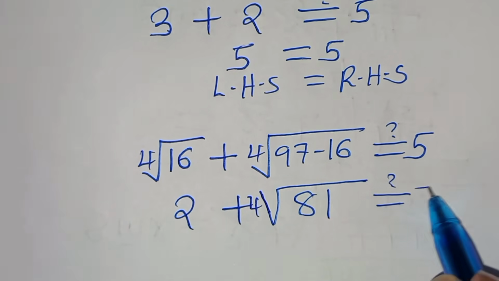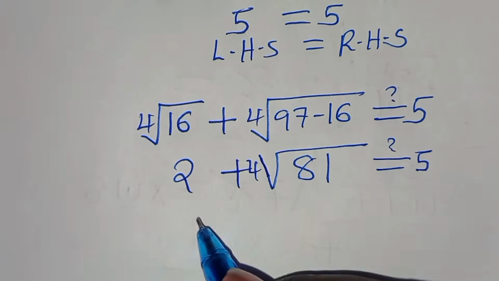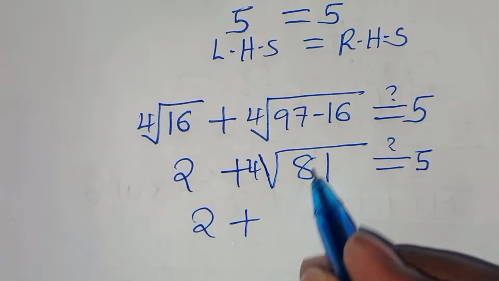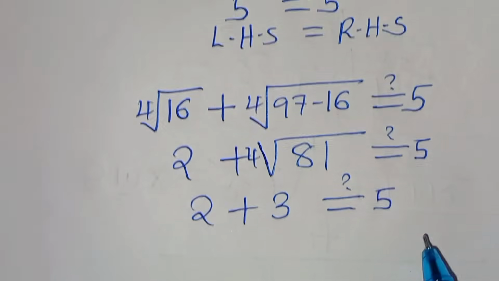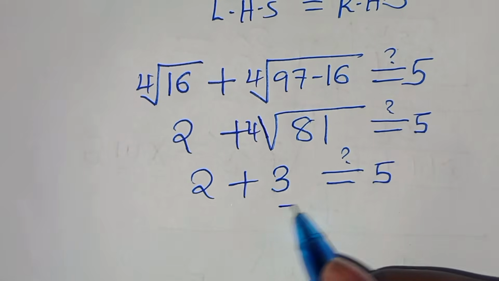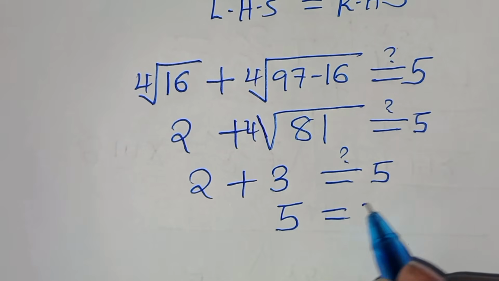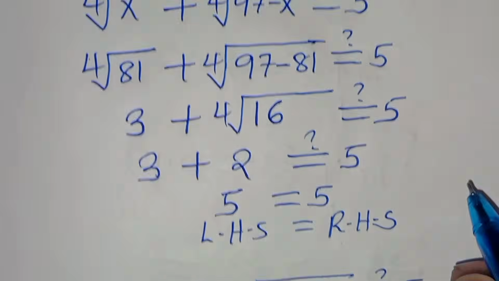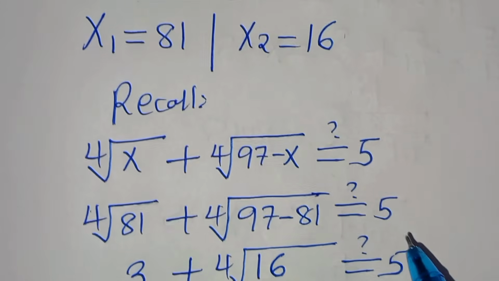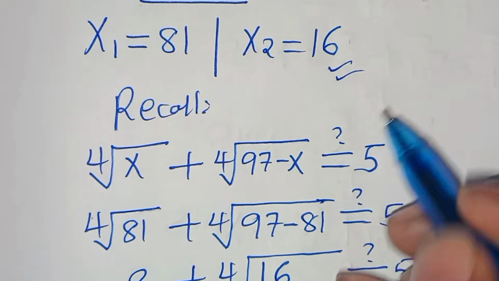So this is 2 plus the fourth root of 81, which is 3. So 3 plus 2 is 5, and this is equal to 5. So this implies that x2, which is equal to 16, also satisfies the equation.